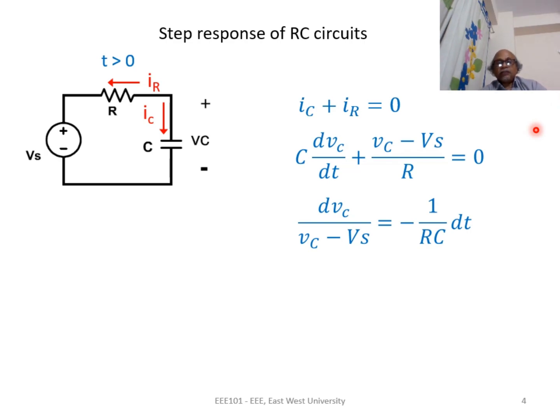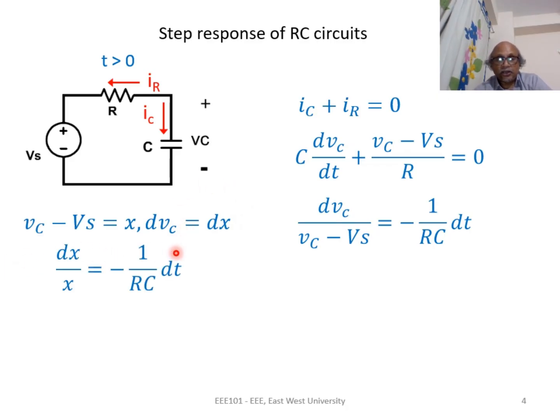Now we do a variable substitution. Vc minus Vs is called X. X is the substituted variable, and dVc becomes dx. So after the variable substitution, we get this equation: dx by x equal to minus 1 by RC dt.